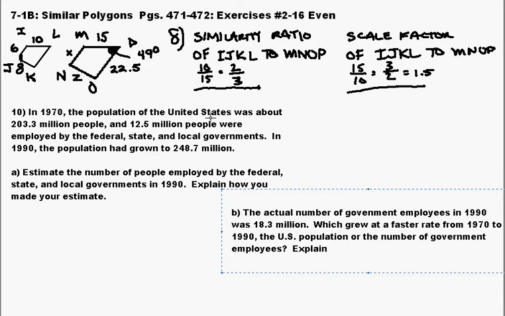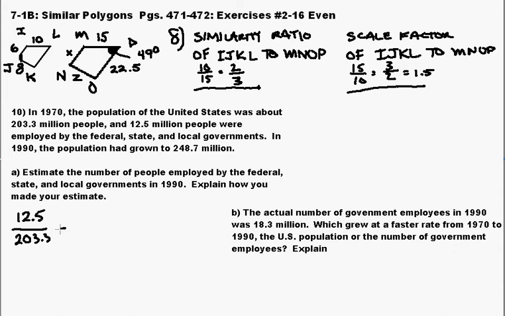Well, we're going to look at ratios of comparison. So, if I look at the relationship of the number of people employed by the governments versus the total population, I could create the ratio of 12.5 is to 203.3 as, and we're trying to find out how many people are employed by the governments in 1990.